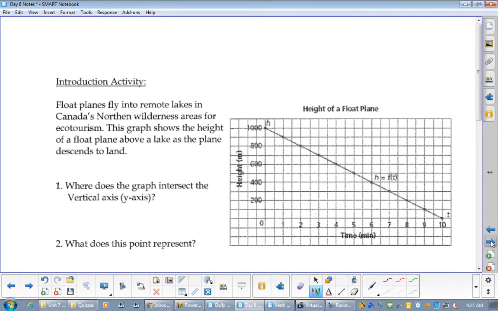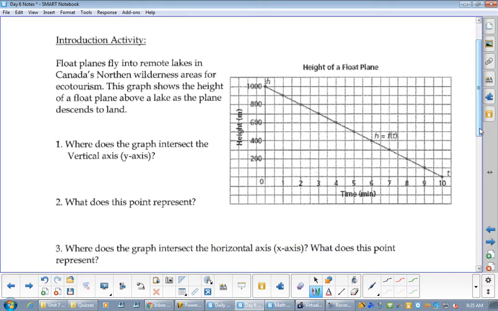Okay, so float planes fly into remote lakes in Canada's northeast wilderness areas for ecotourism. The graph shows the height of a plane above a lake as the plane descends to land. Okay, so they start the clock, and at 0 time it's 1,000, and after 10 minutes it is on the ground, right? Because 0 height, we would assume it's on the ground.